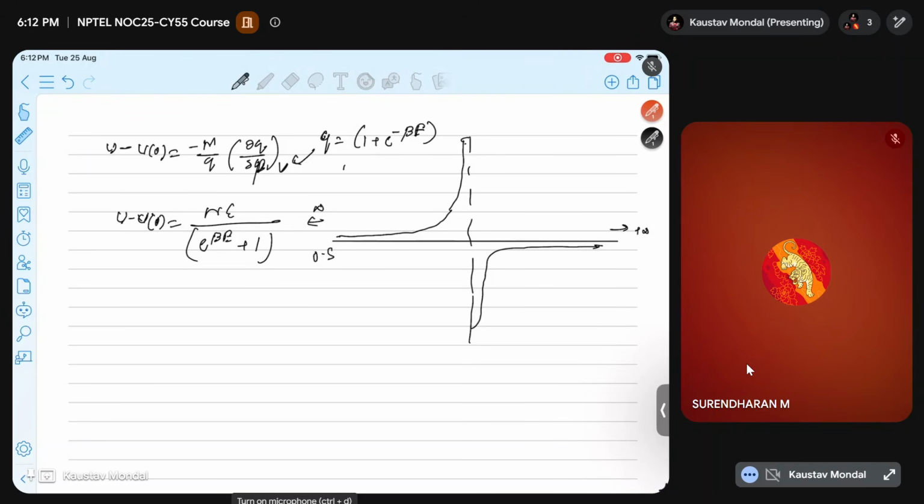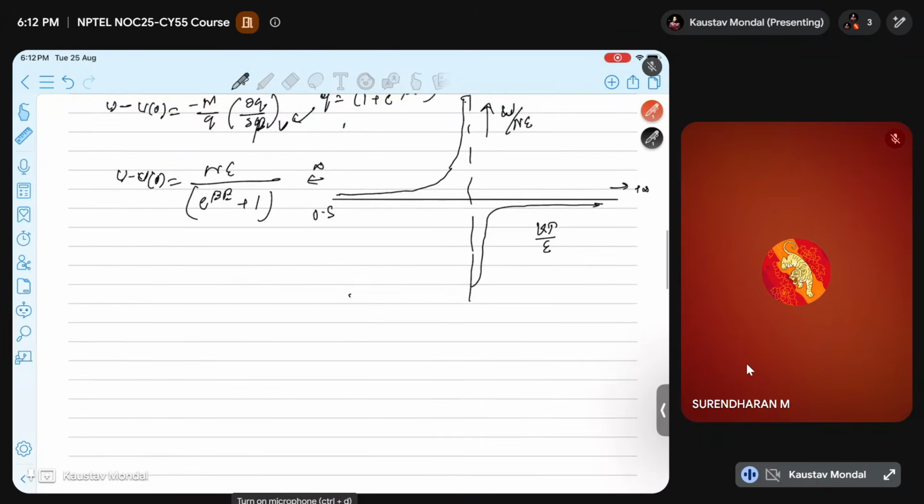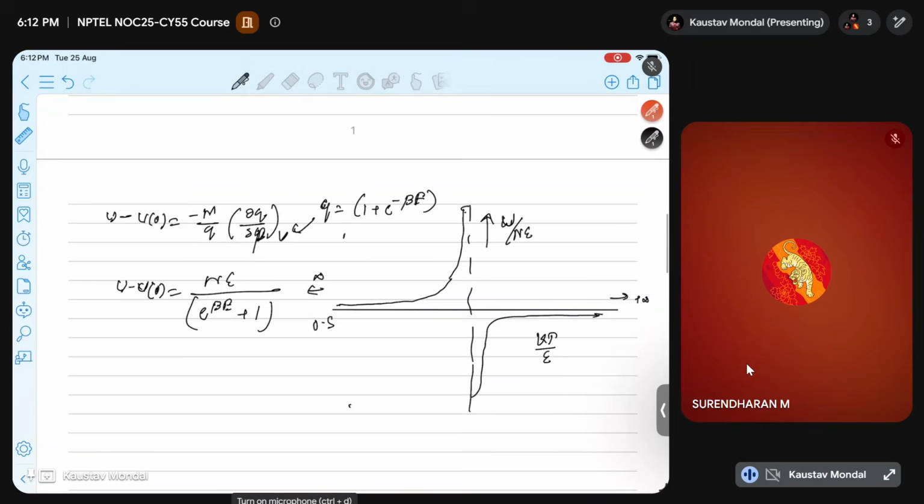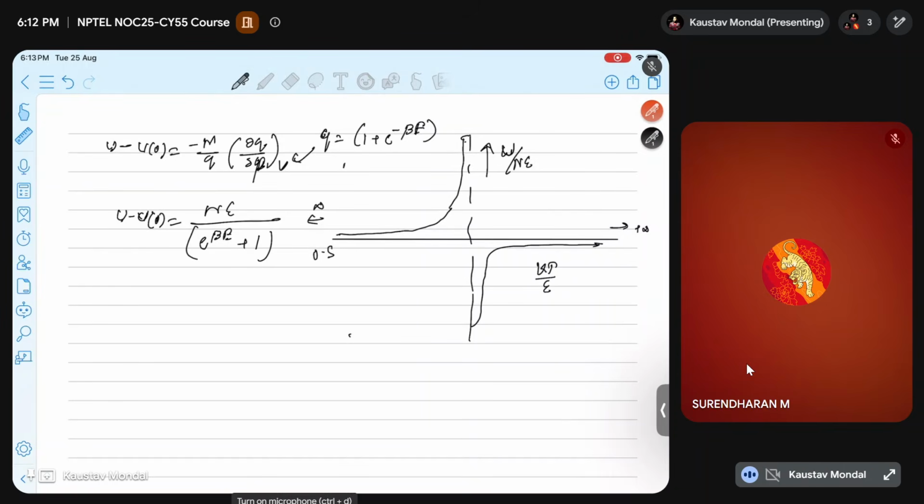Okay, so this axis it looks like this. In this axis we will have kT by epsilon, and in this axis we will have internal energy U by Ne. Here also, just like previously for the partition function, there is a massive discontinuity at the 0 Kelvin temperature.